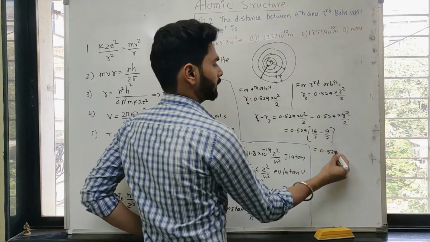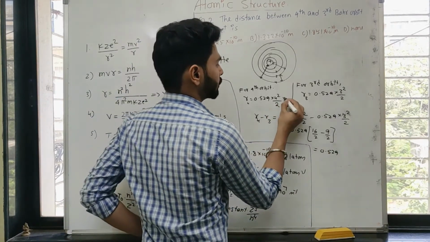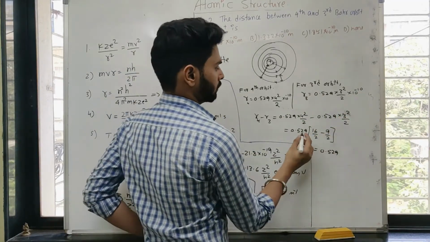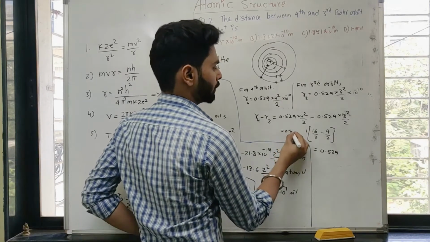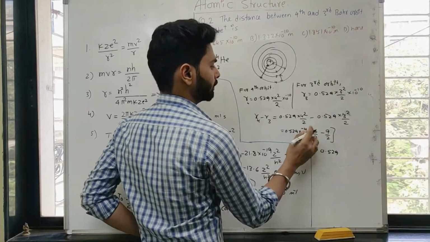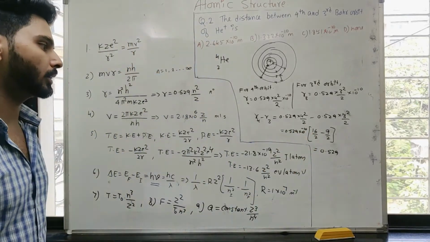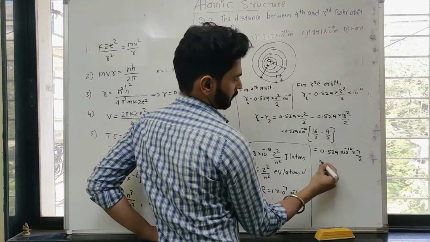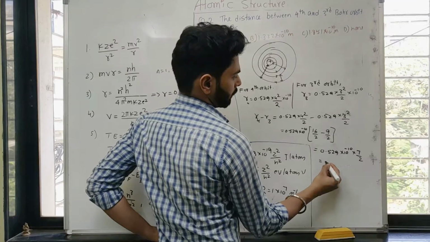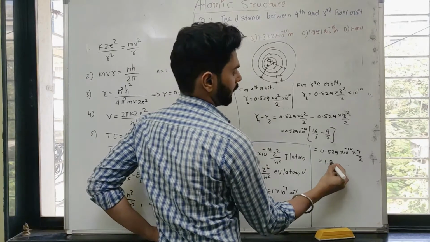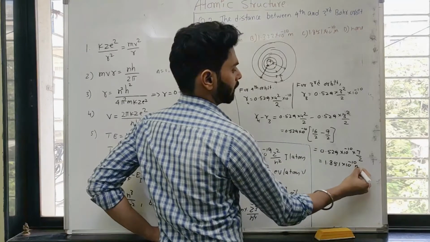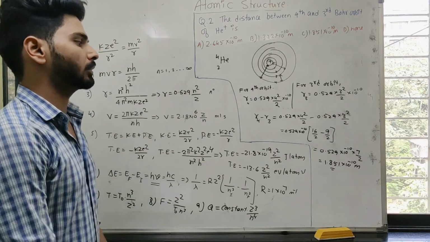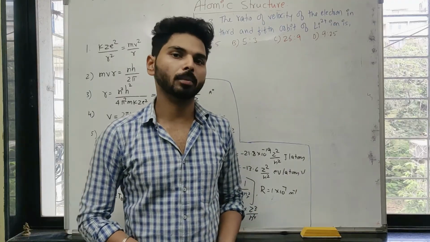Remember, this has to be in terms of meter, so the common factor will be 0.529 into 10 raised to minus 10, into 7 by 2. So this is 3.5, almost 1.851 into 10 raised to minus 10 meter. We can approximate this because there is a huge difference there. Now let's move to the next problem.